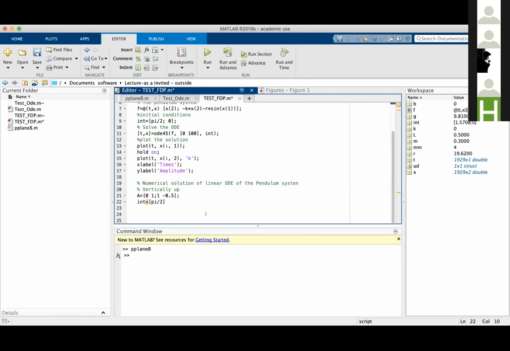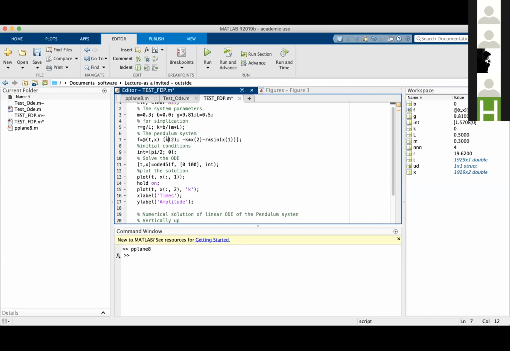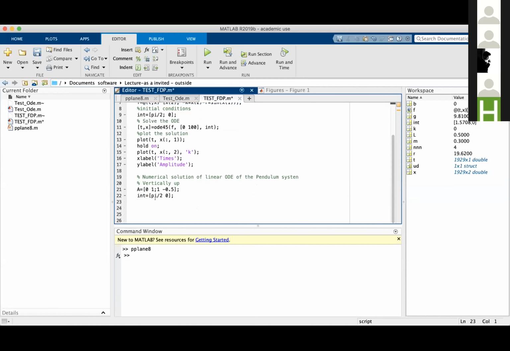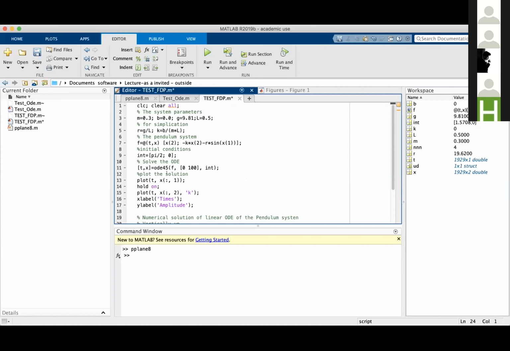For the vertically up position, the pendulum equilibrium point is pi by 2 and 0. Right. So now I'll take the same function here and I'll solve it.